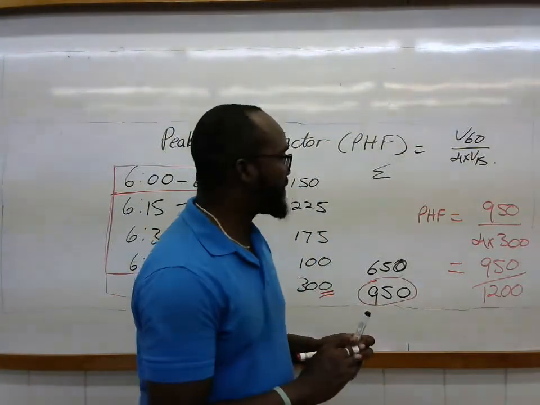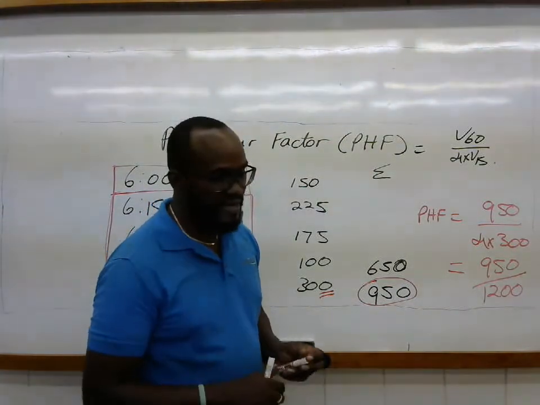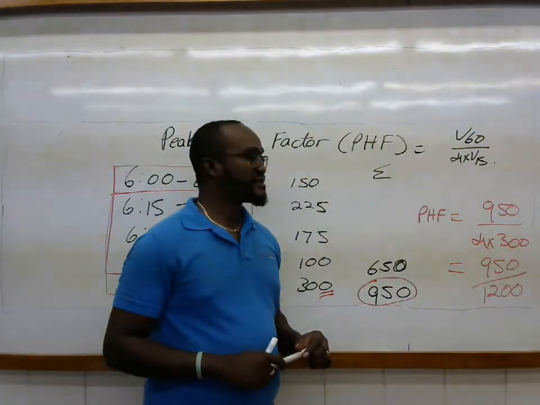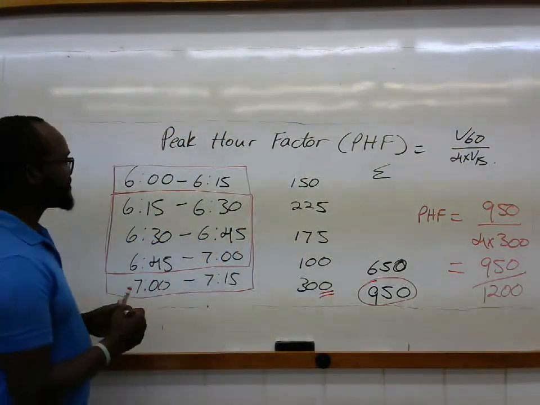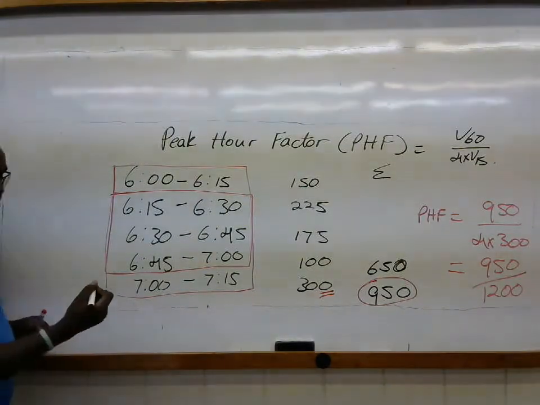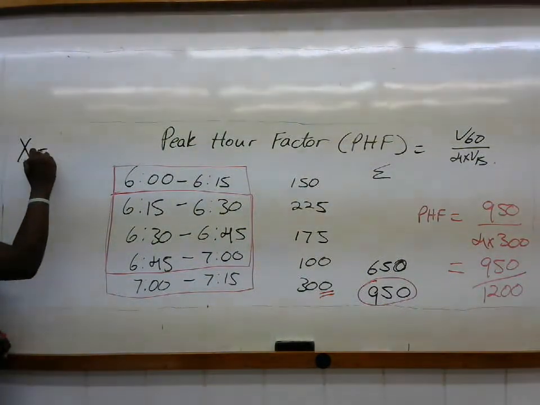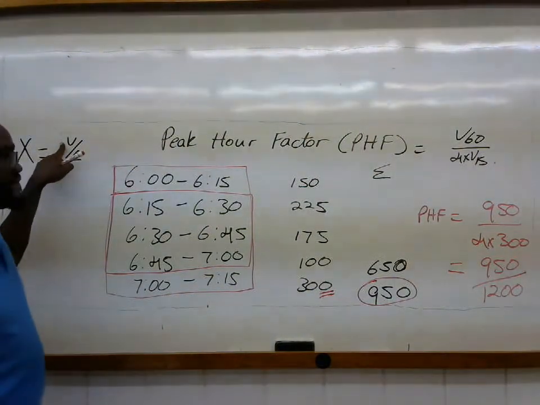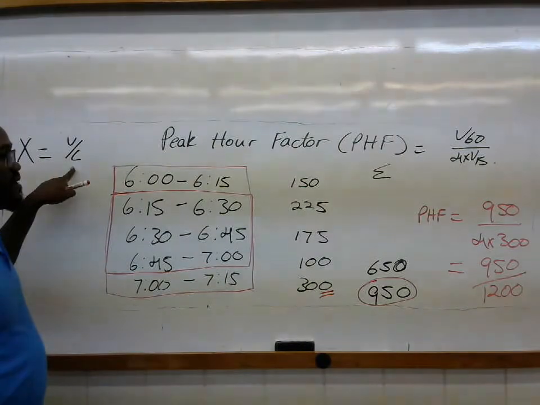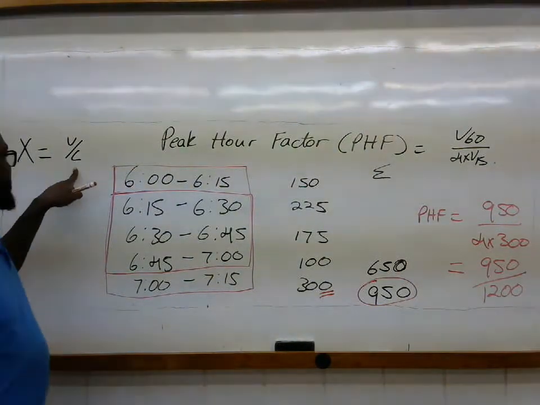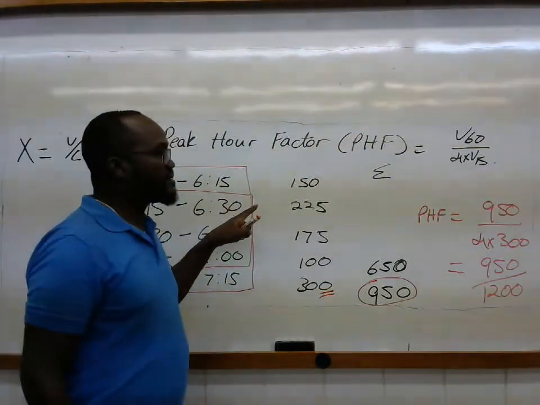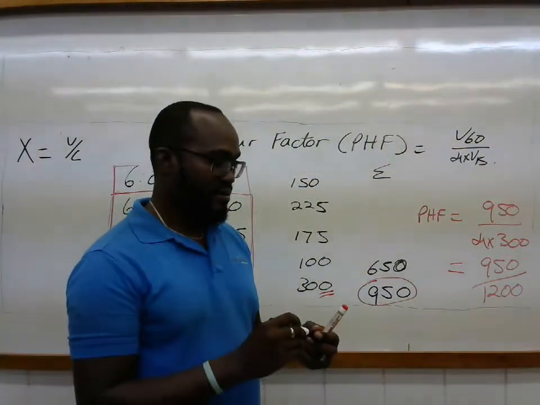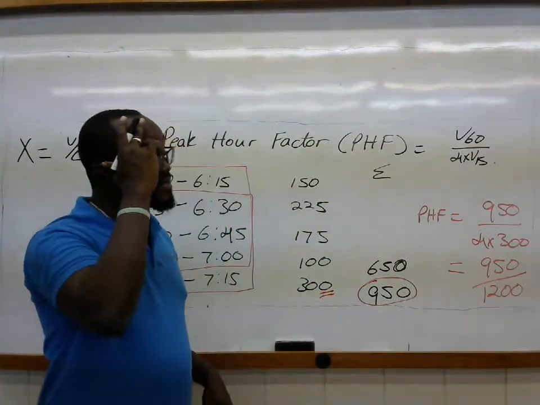Now, why is the peak hour factor important? Well, it is used to determine the theoretical capacity of the approach. Recall, when we were doing the volume to capacity ratio, X would be computed by V upon C. Volume we collect in the field. Capacity, however, how do we determine capacity? We cannot physically determine capacity there because we literally don't know what the intersection or the approach can actually accommodate.